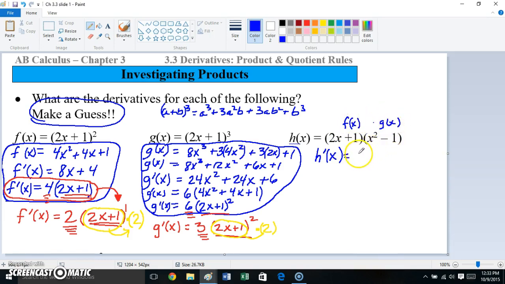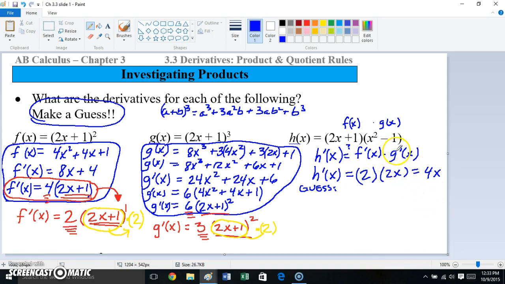So is h prime of x the derivative of f of x times the derivative of g of x? All right, so my hypothesis, my guess, might be that h prime of x is 2 times 2x, or 4x.